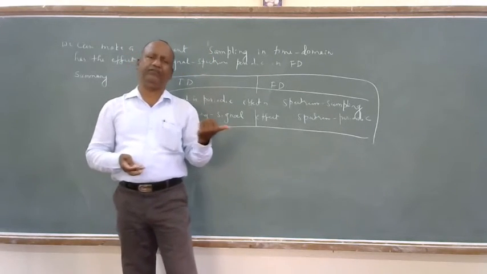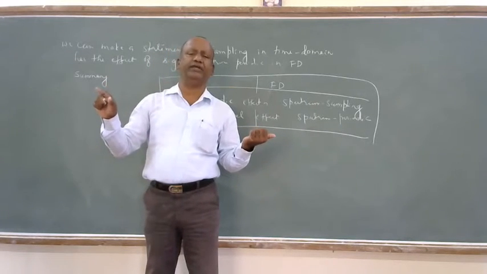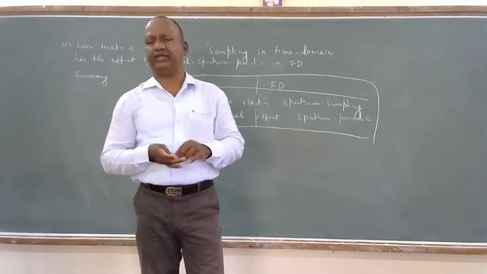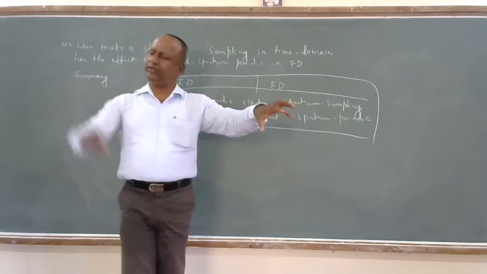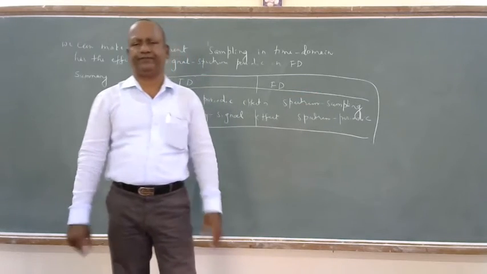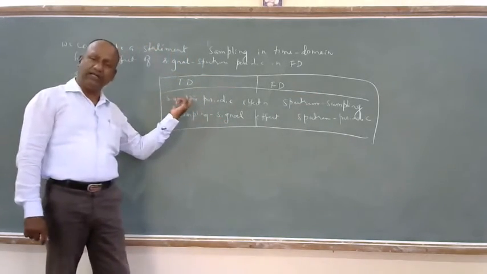If a signal is multiplied by j 2 pi f in frequency domain, in the time domain it is equivalent to differentiation of that signal with respect to time. A duality property. If the differentiation is there in the time domain, you can take it in frequency domain: the signal spectrum multiplied by j 2 pi f. This is another example of the duality property concept.